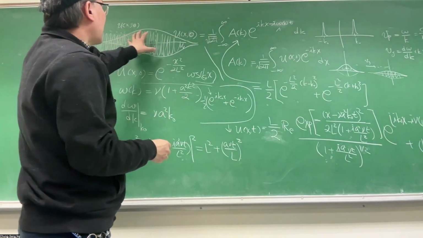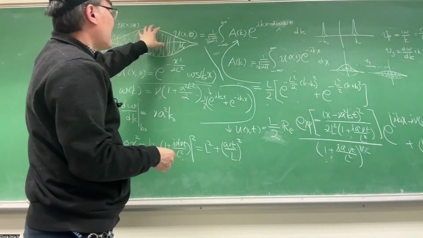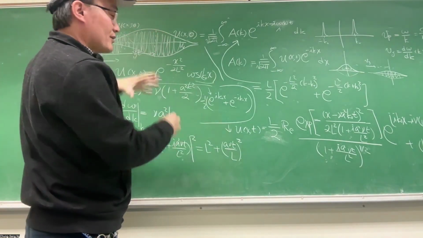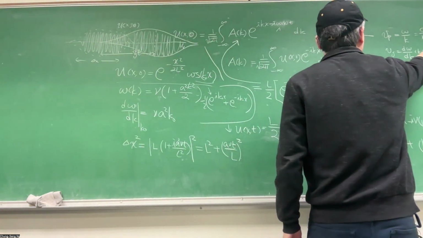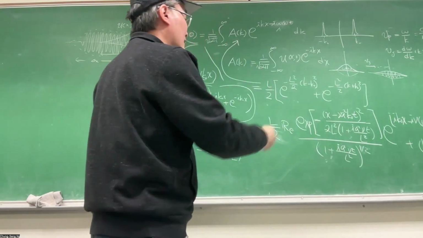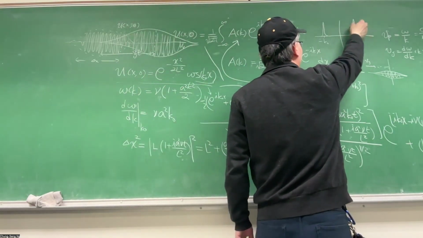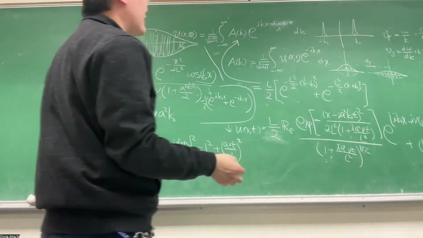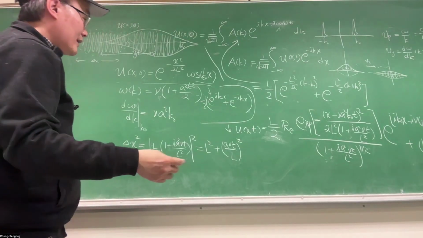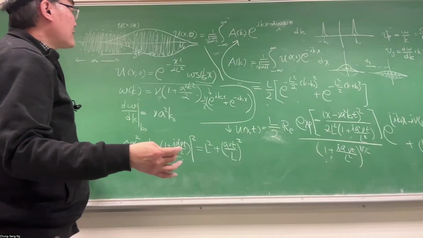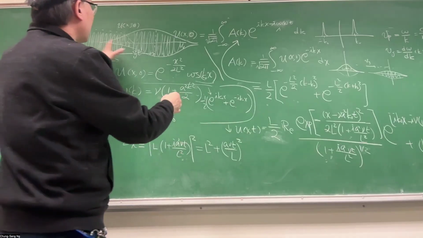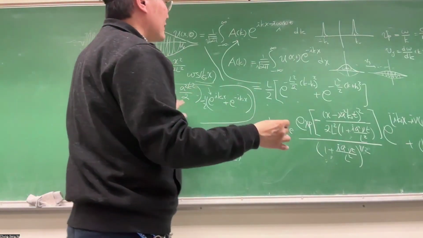So you can separate the original profile into different packages, like a superposition of different packages. Each package has a different k, because you initially have different k in the profile anyway, so they move differently. Some move faster, some slower. So the initial profile will broaden.